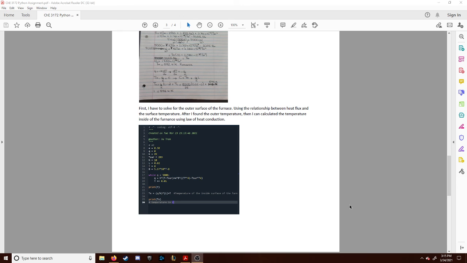I have to go by 0.01 to make it still smaller to give a more accurate answer using this method. And once I solve for the outer surface temperature, I will plug it into the equation I developed to solve for the inner temperature of the surface. And this is the code for it right here.